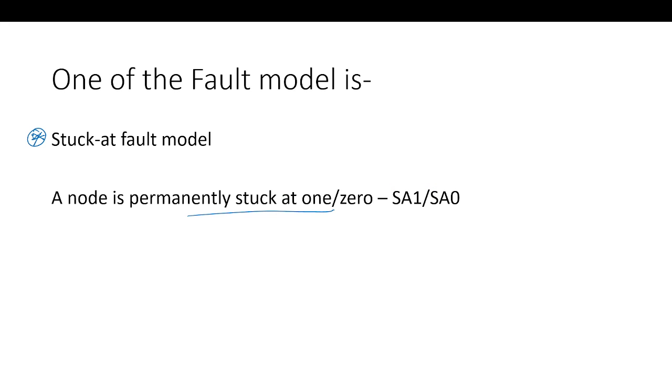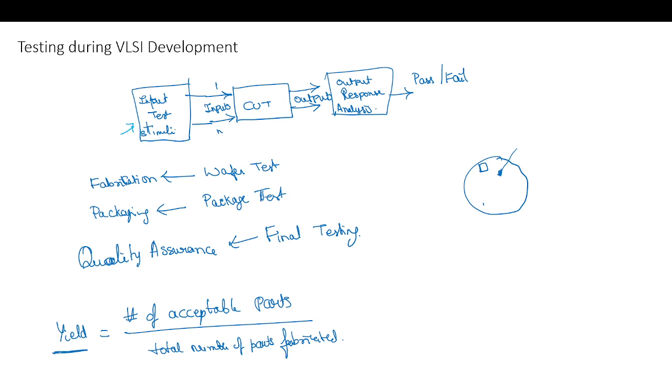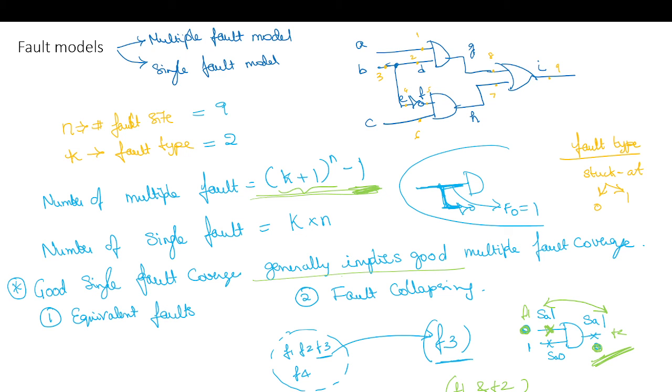And we have come to a few fault models, including the multiple fault model, and we saw that even if we have a good fault coverage for the single stuck fault model, it implies it will give a good fault coverage for the multiple fault also.